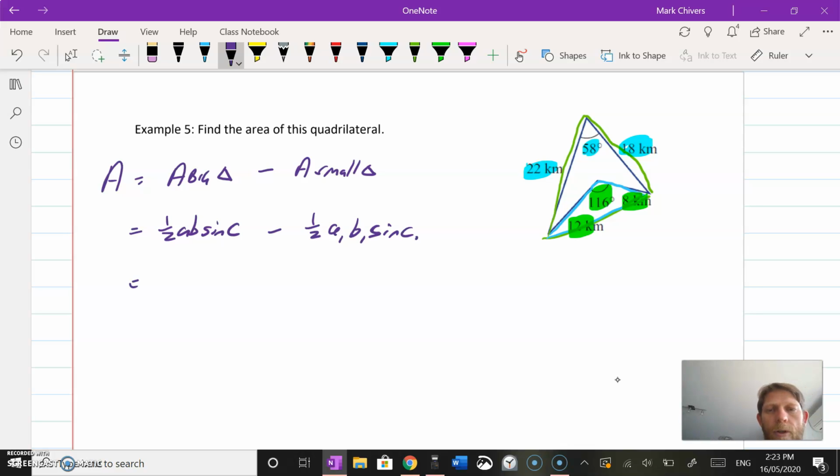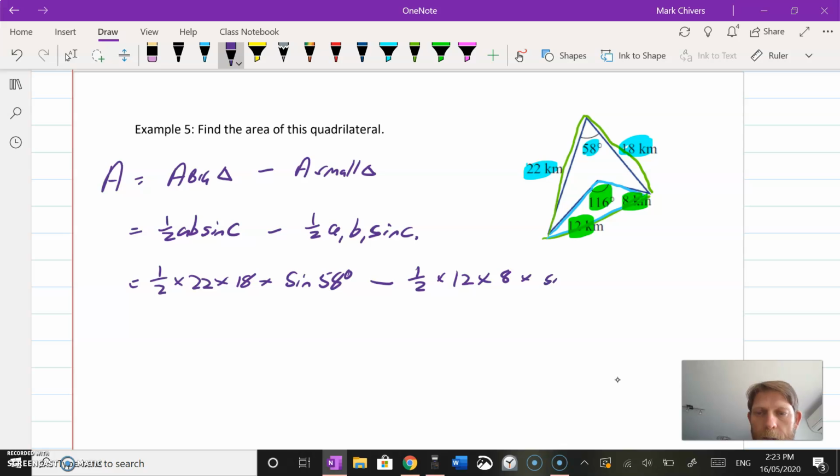And then I just start substituting in. So it's going to be a half of 22 times 18 times sine of 58 degrees minus a half times 12 times 8, that's our distances on the small one, times sine of 116 degrees.